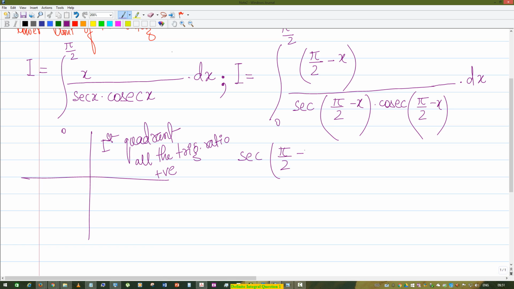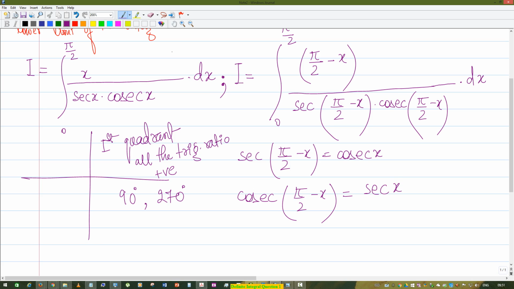But whenever we have 90 degrees and whenever we have 270 degrees, the trigonometric ratio changes. So secant x will become cosec x, and cosec of pi by 2 minus x will become secant x.